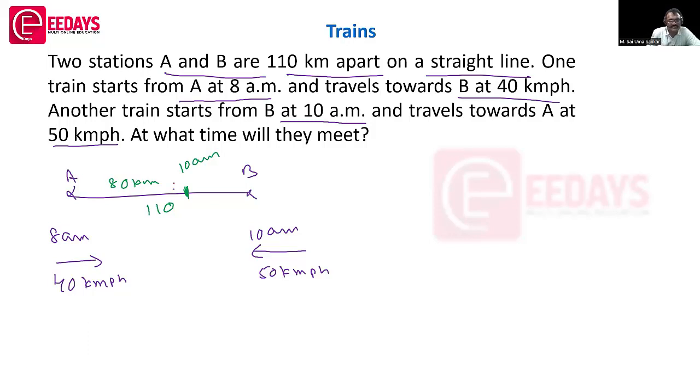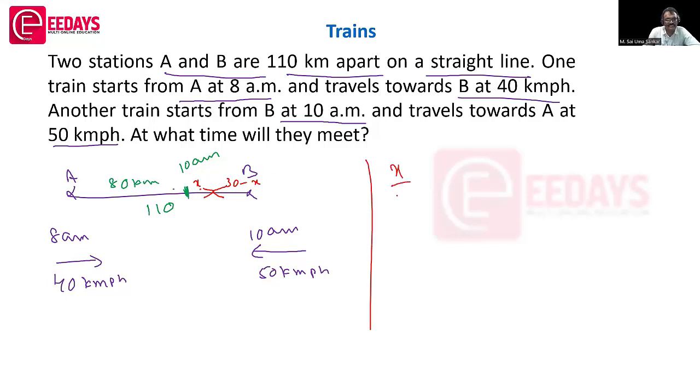This train moves in this direction and that train in the other. What is the question? At what time will they meet? Suppose this length is X. This length is 30 minus X.